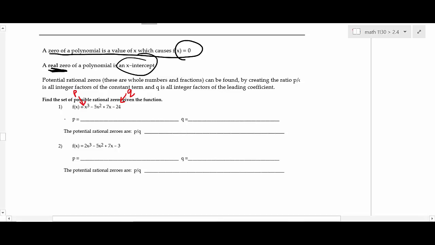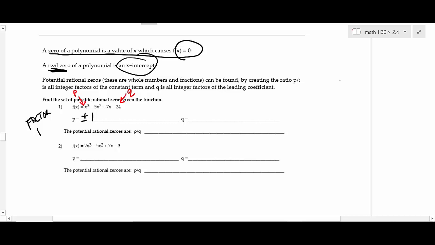Okay, so P is going to be all the factors of 1, okay, which is 1. Okay, now you can also have a plus or minus because we're also including negative factors. So the only factor of 1, remember what is a factor? A factor is numbers that go into a number. So the only number that goes into 1 is 1, okay? Then we got 24. There's a whole bunch of factors of 24.